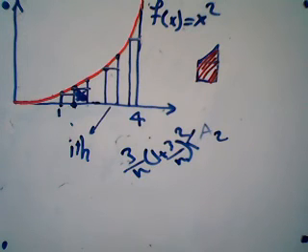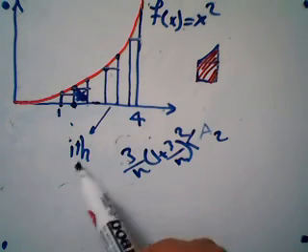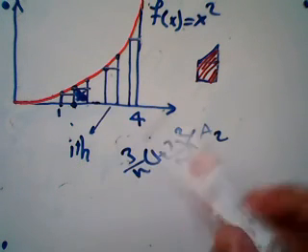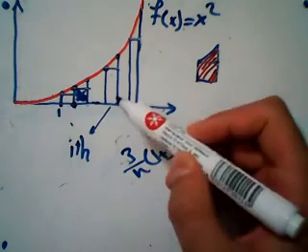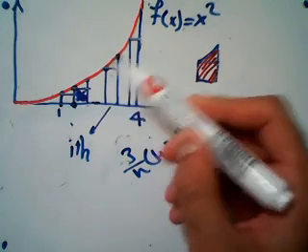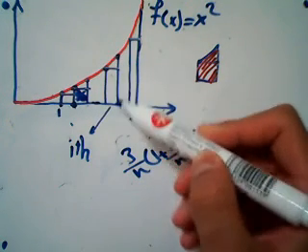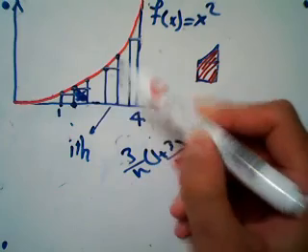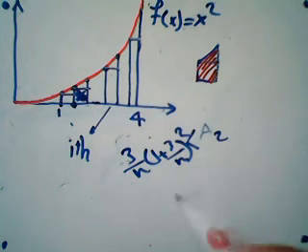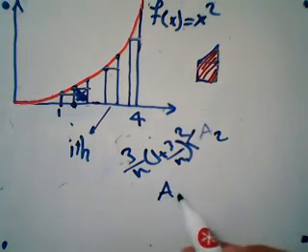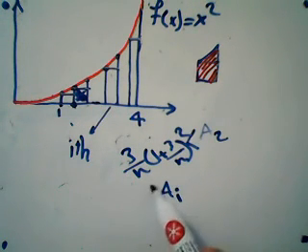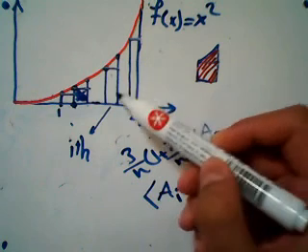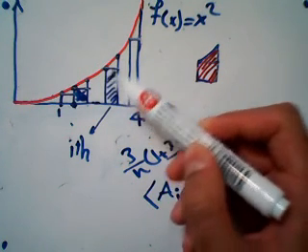Okay, and for the general ith interval, the area under the parabola above the x-axis and between two vertical lines, let's call that Ai, would be greater than the area of this rectangle.